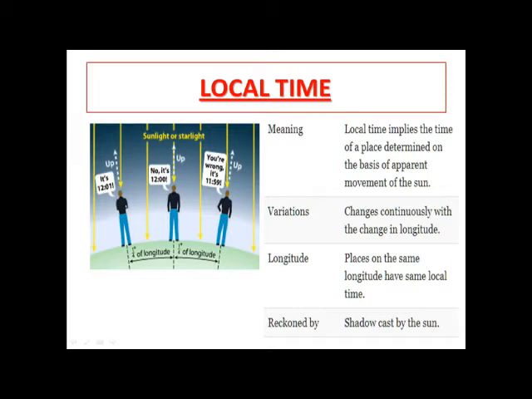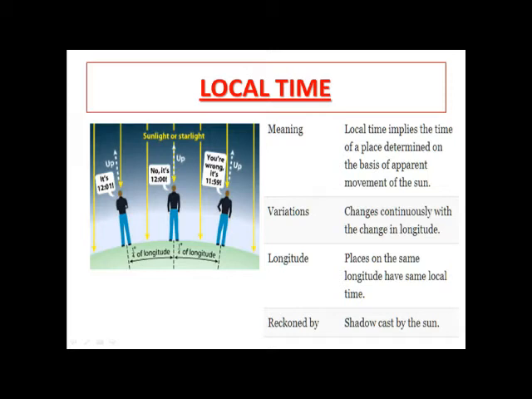Another person at 1.5 or 1/4 degree of longitude to the left or right can say no, it is 12:01. The other one can say you are wrong, it is 11:59. So it means the time varies depending on which longitude you are standing on, as the inclination of the sunlight changes.